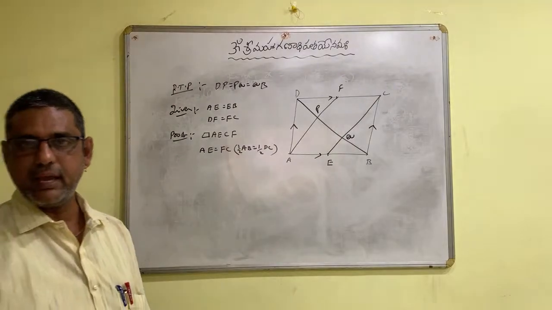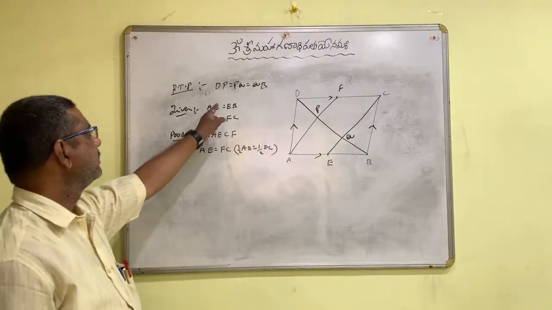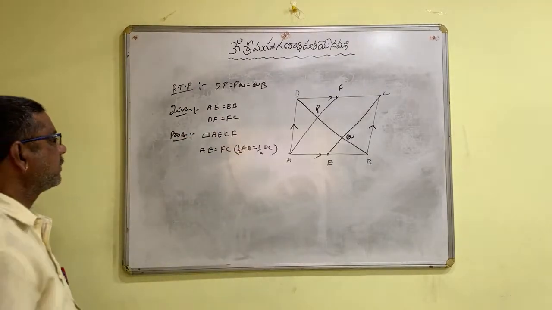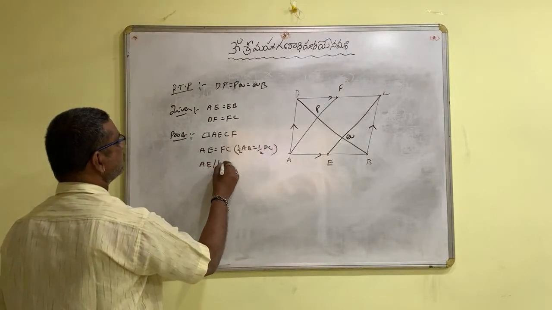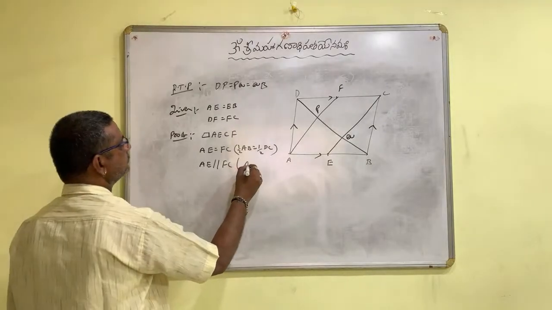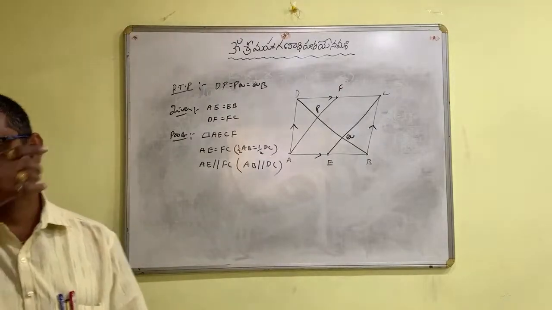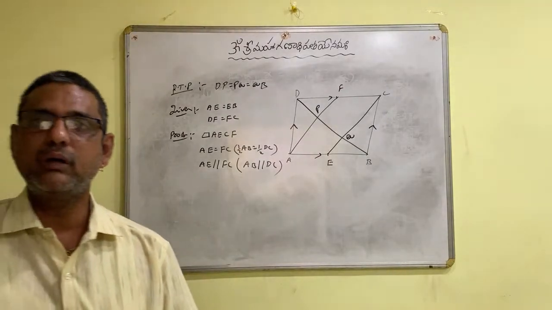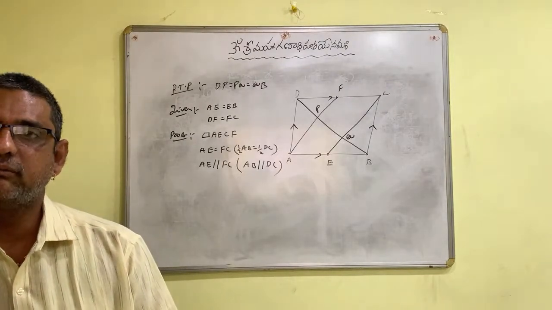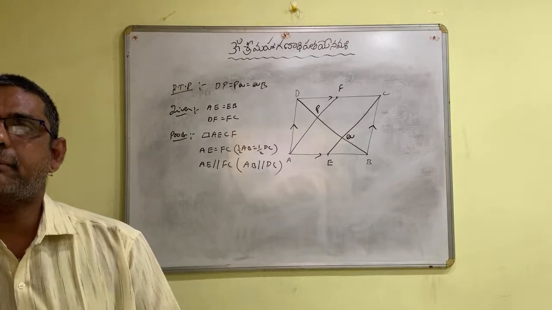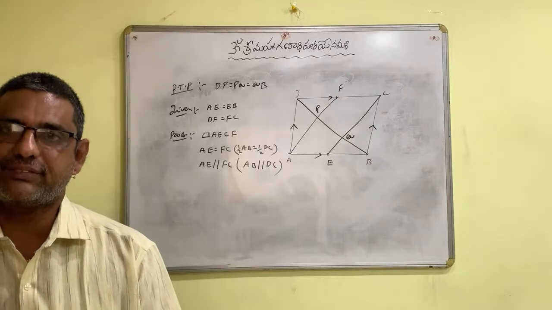AE is half of AB, FC is half of DC. They are equal. Not only that, AE is parallel to FC, because AB is parallel to DC. AB is equal to DC, so their halves are also equal. That means AE is equal to FC.